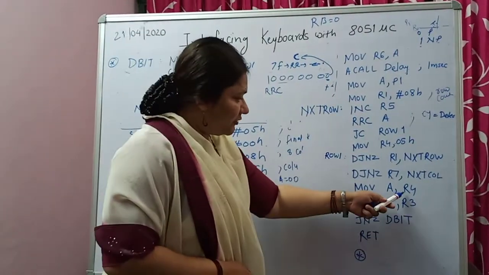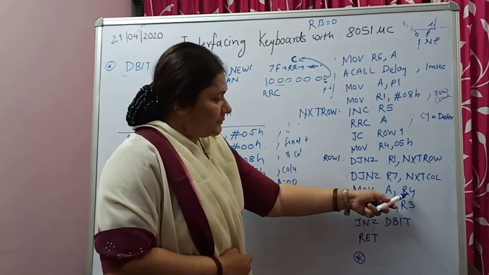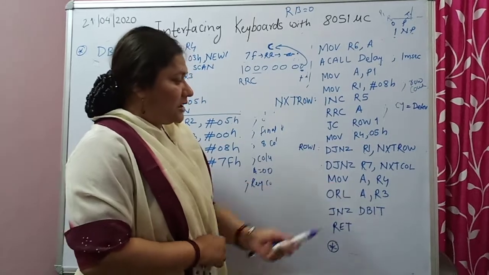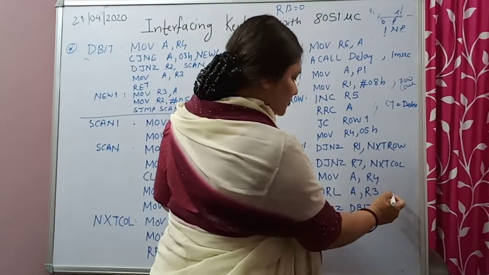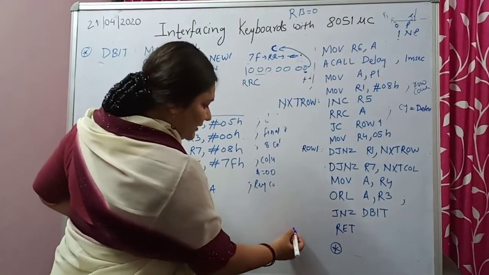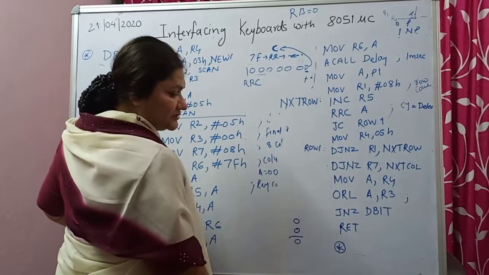So from the R4 register, when all the columns are also detected, I am taking the status of R4 into the accumulator. Now here also we are making best use of the ORing instruction. What is ORing? ORing of 2 bits: if both are 0, then only the ORing is 0.